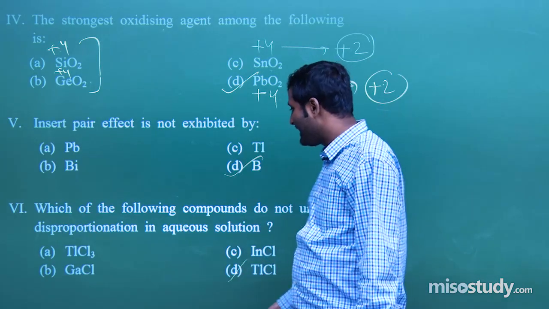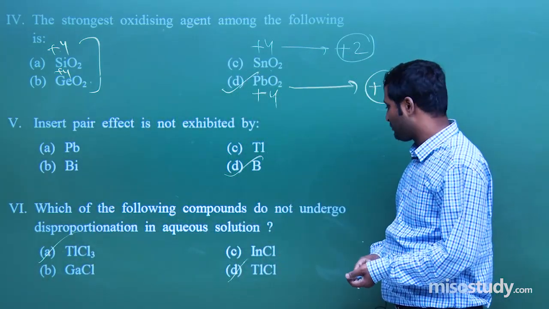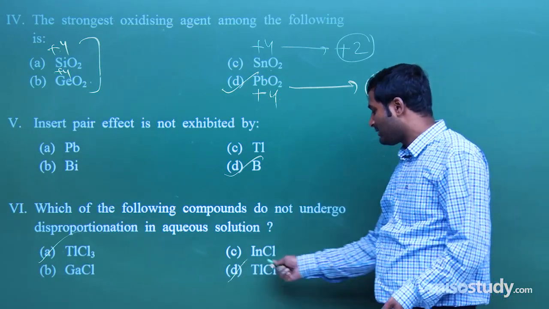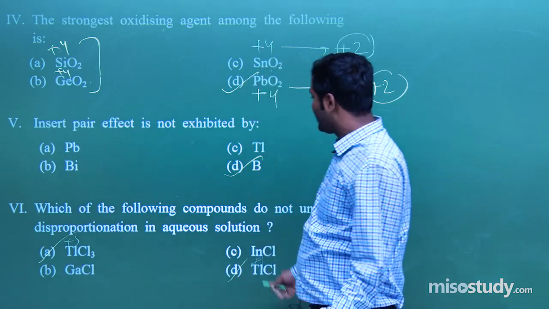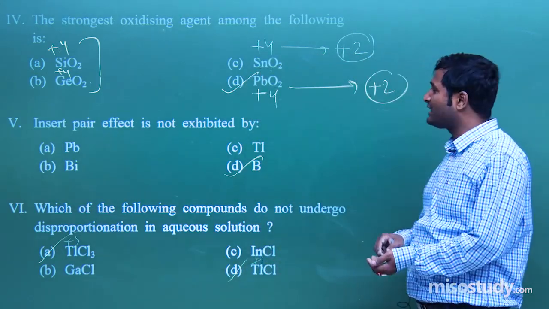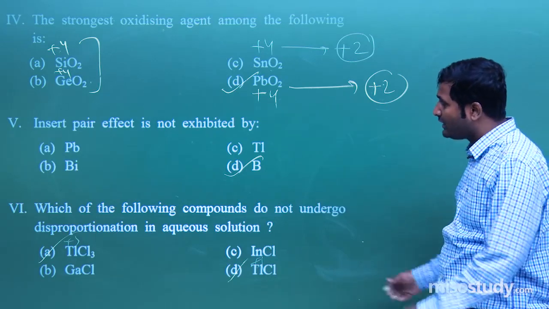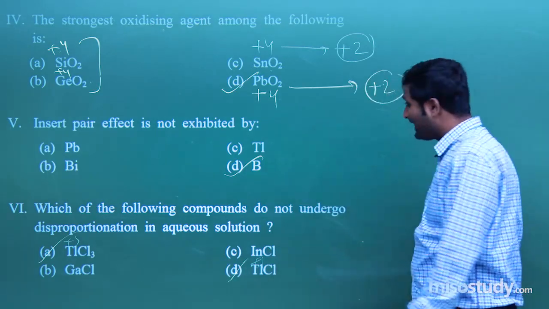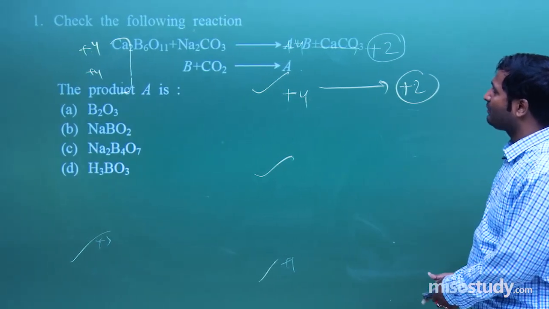TlCl and TlCl3 do not undergo disproportionation reaction. Here is the +1 oxidation state and here is the +3 oxidation state. Clear to you? I think you can solve such questions very easily if you have a strong command of theory. So friend, I think we have completed this topic, and again review the questions.